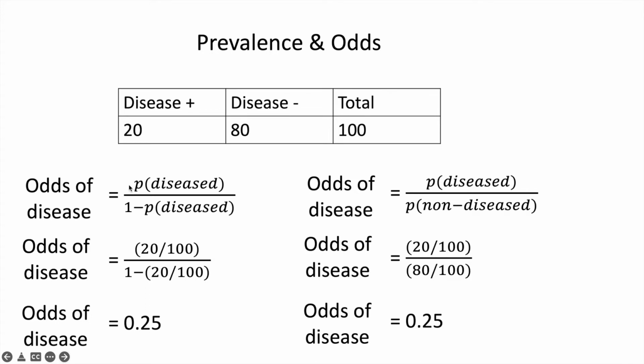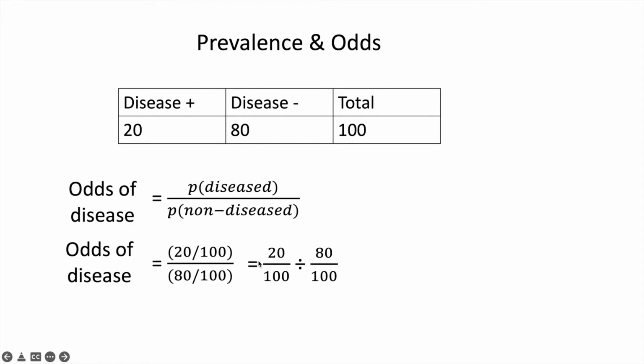Odds of disease, saying probability of disease over 1 minus probability of disease, is the same as saying probability of disease over probability of non-diseased. So 20 over 100 divided by 80 over 100, and that also comes out to 0.25. But we can break down what's happening here even further.